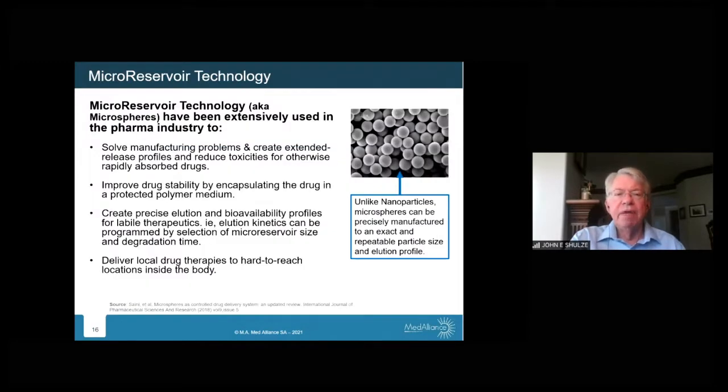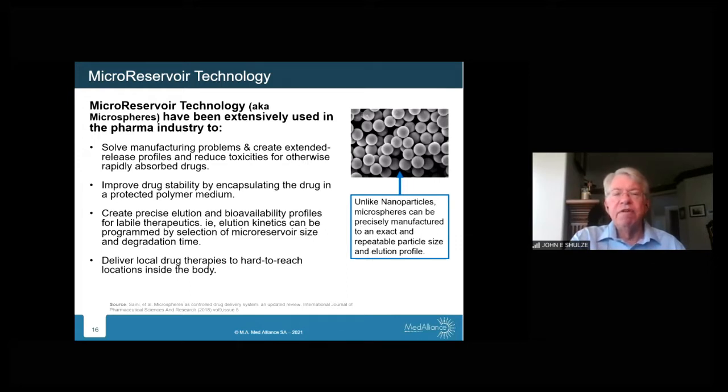So I'm just going to say that microreservoir technology is extensively used in other areas for delivering drugs that need extended release, in other applications such as cancer. And it actually improves the drug stability in an aqueous environment, and it shields the drug from being washed away during delivery to the target tissue.